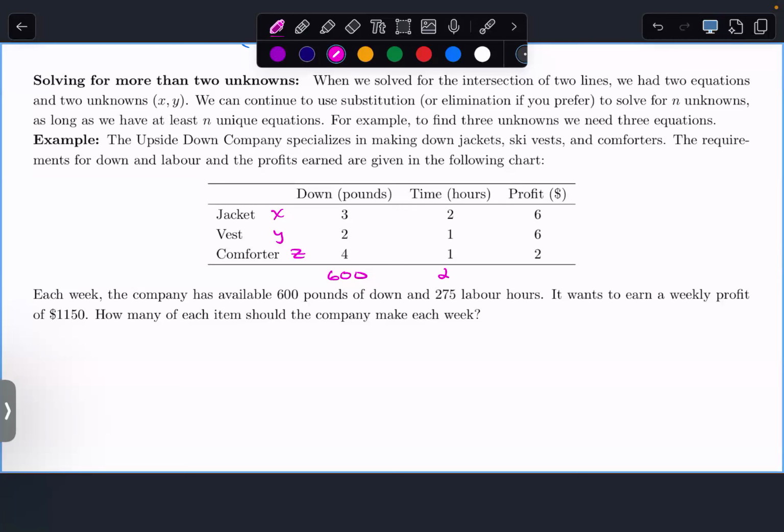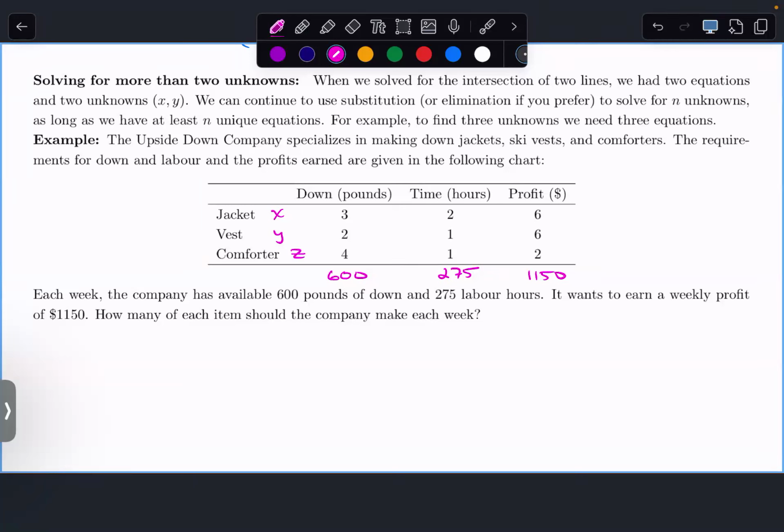I only have 275 hours of labor, and I've got a goal profit of 1,150. This is looking more and more like y equals mx plus b, but I've got more than one variable, right?